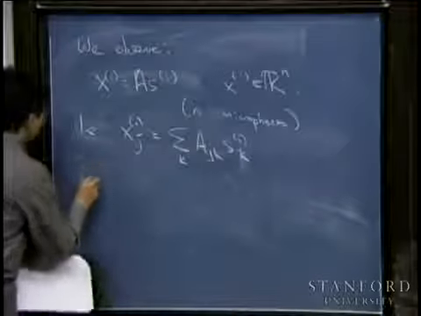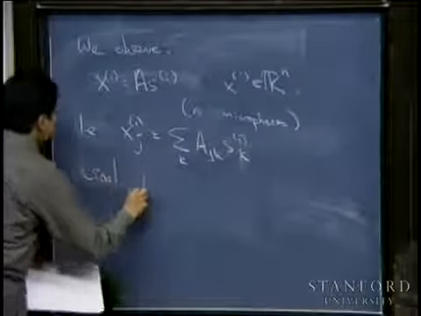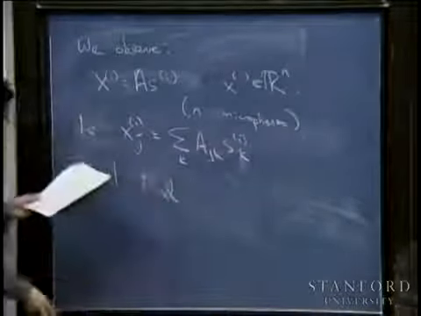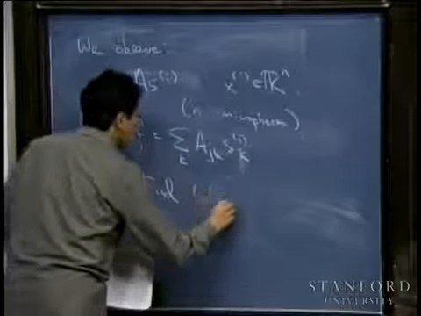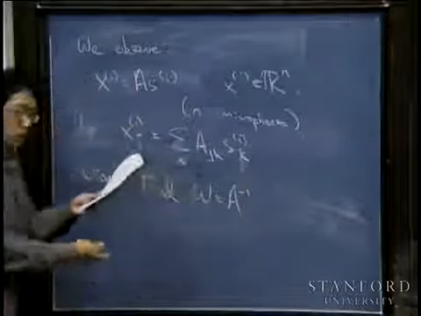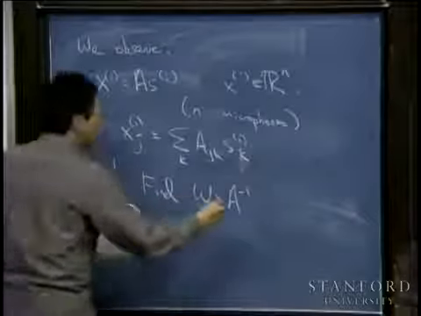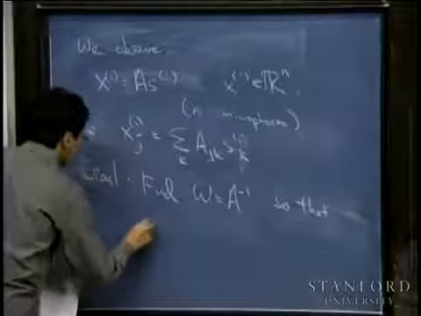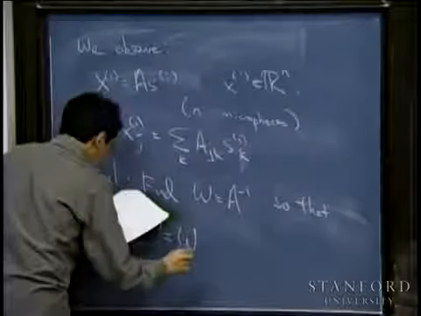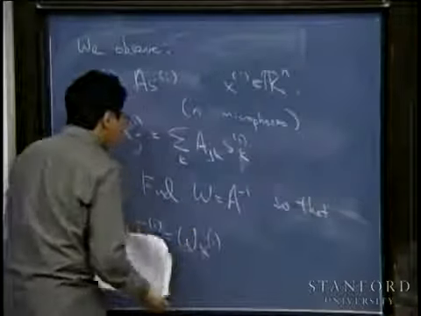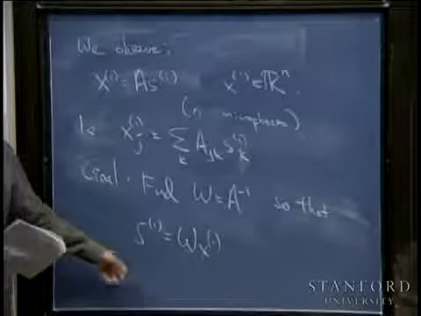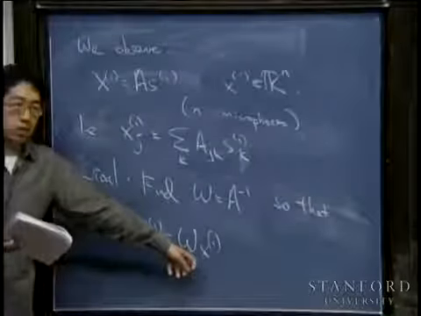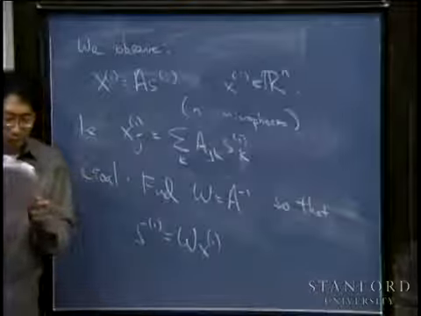So our goal is to find the matrix W = A inverse. I'm just defining W that way, so that we can recover the original sources s^(i) as a linear combination of our microphone recordings x^(i).